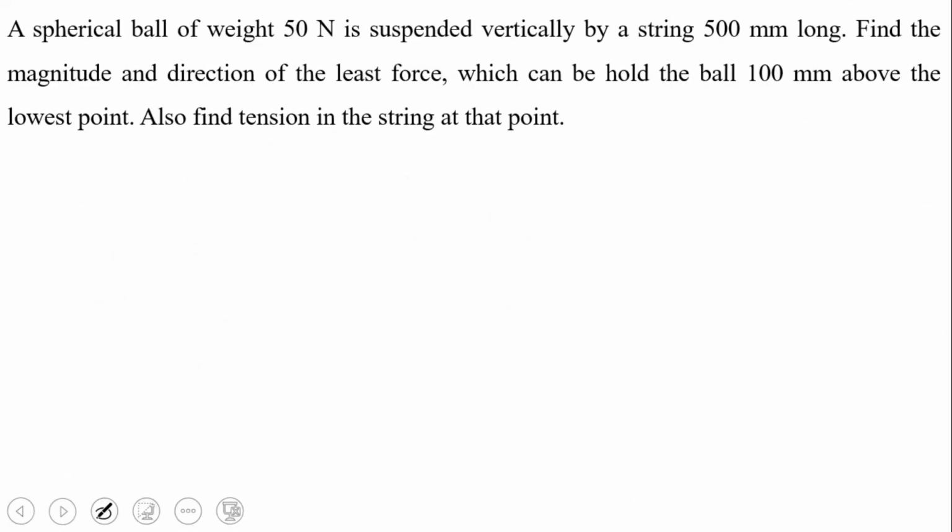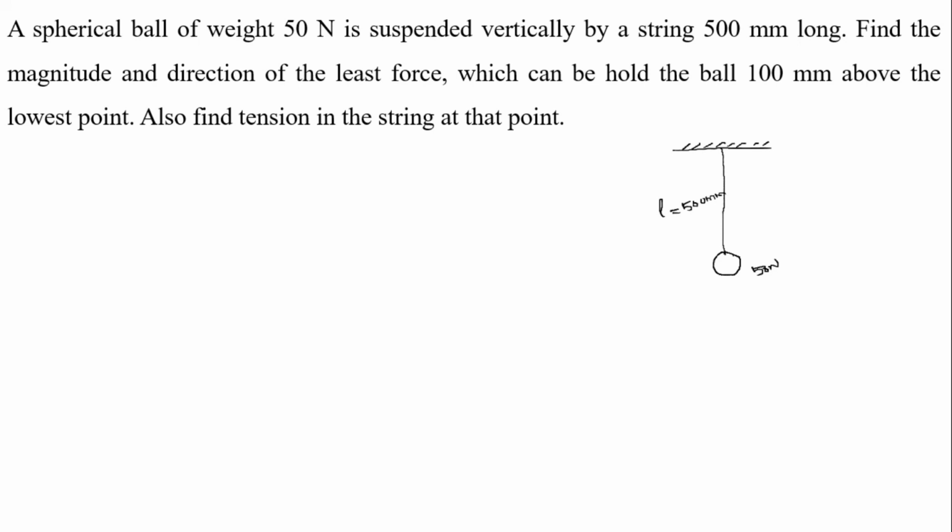The next problem: a spherical ball of weight 50 Newton is suspended vertically by a string 500 mm long. This is the fixed plane and the ball, which is 50 Newton, suspended vertically. The length is equal to 500 mm.